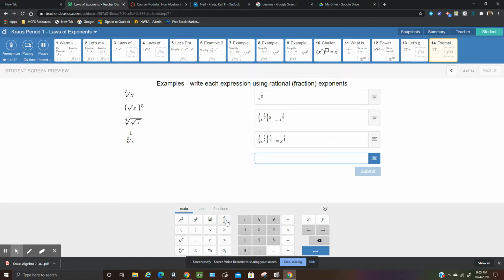And this would be 1 over x to the 1/3, equal x exponent negative 1/3.